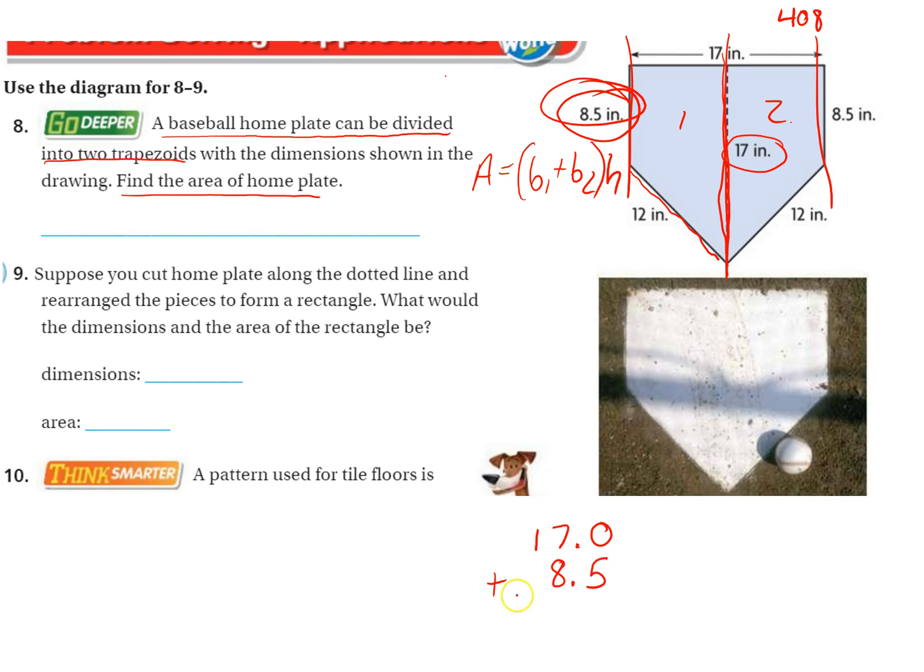So 8.5. When you're adding or subtracting decimals, you do have to line up your decimals. 0 plus 5 is 5. Decimals lined up. 8 plus 7 is 15. So 25.5, and that's my base 1 plus my base 2.